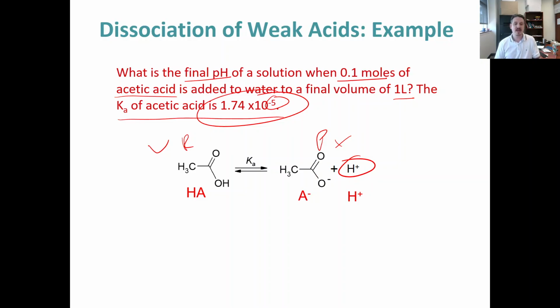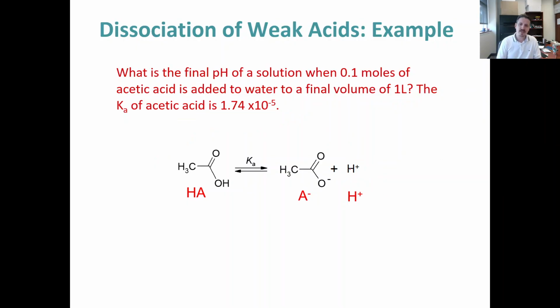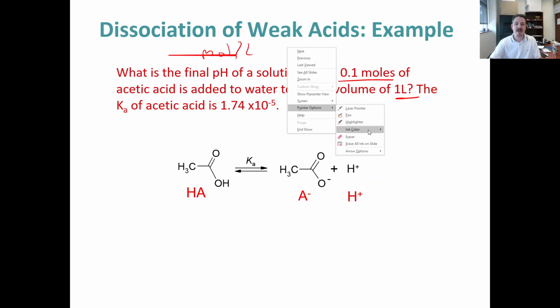That makes sense. And it's a weak acid, so we're expecting a pH that's a little bit higher than a strong acid. The other thing you'll notice is that I haven't given it in molar. I've given it in moles in a litre. I've just been tricky, because moles per litre is exactly the same as molar.